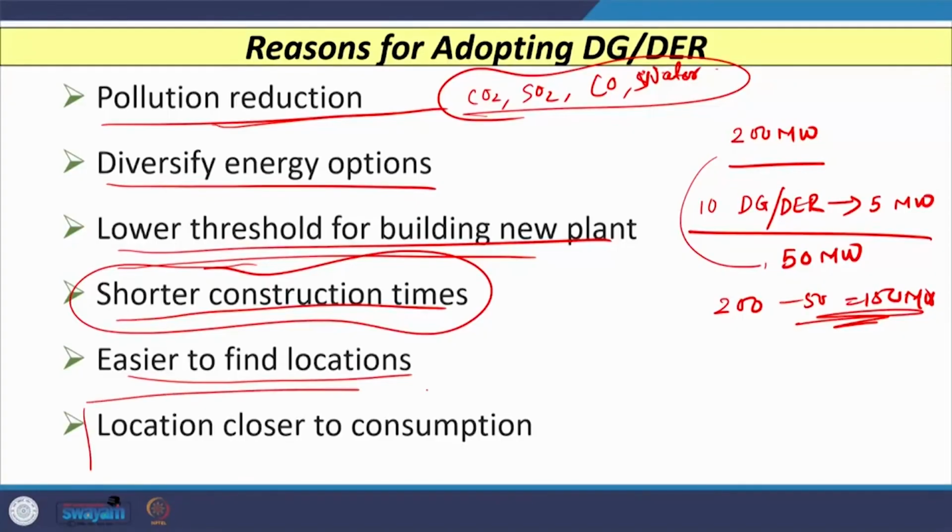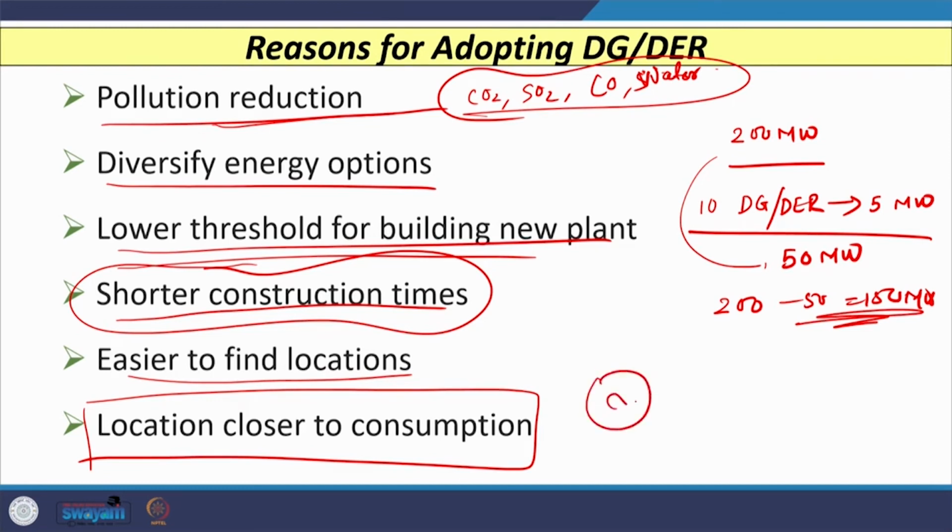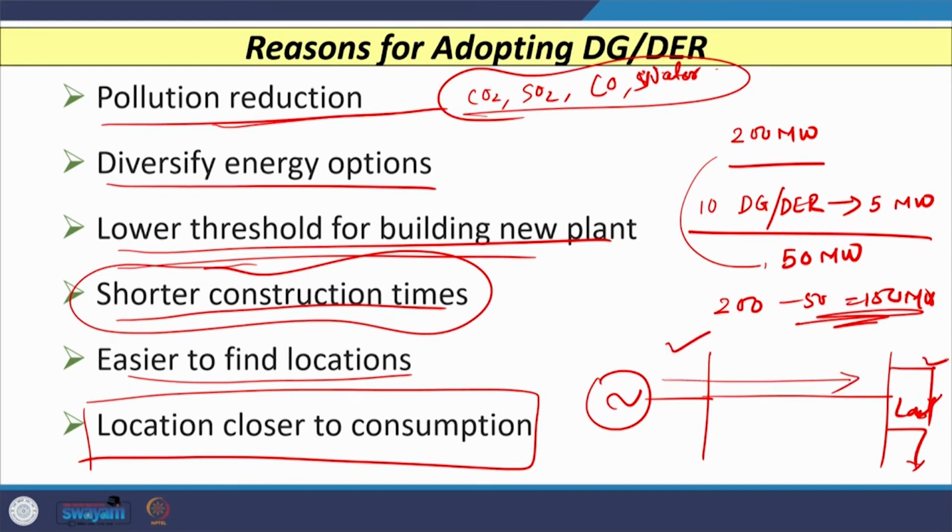And the most important point is that we can connect the DG or distributed energy resources particularly at a location where our loads are situated. Let us say my big generating power plant is here, and then I have a long transmission line and my loads are situated here. Then we have to transmit the power from this point to this point where the load is actually situated, so transmission line losses are there.